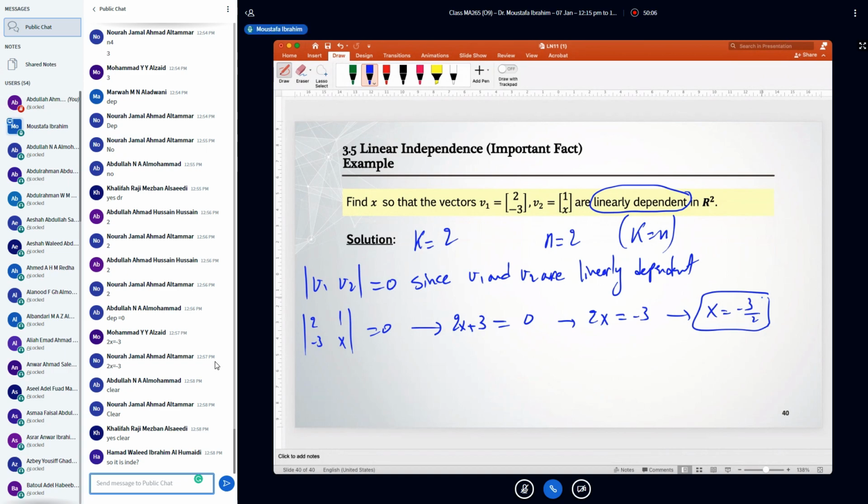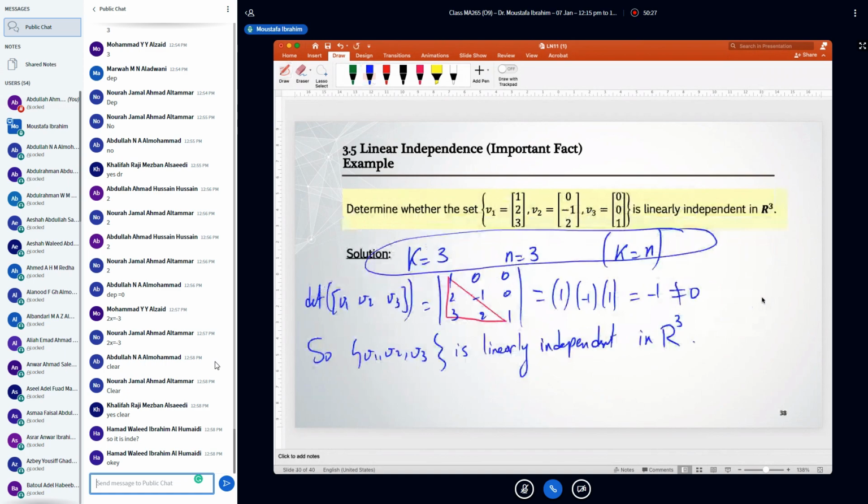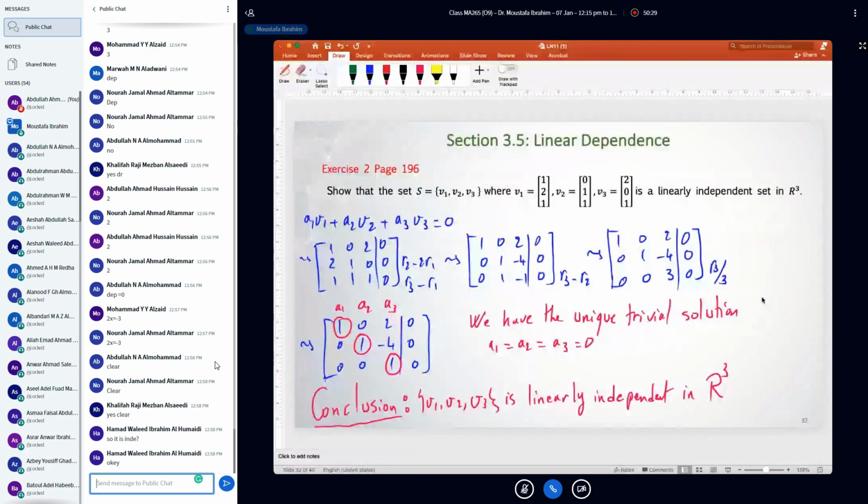The question is to find x so that the vectors are dependent. Okay, Hamad? So let's go back. This one we solved. Can we do the determinant here?